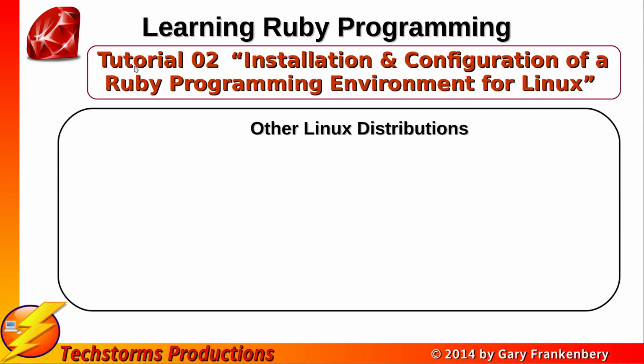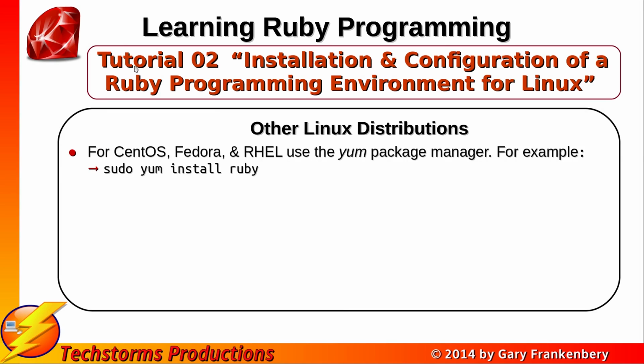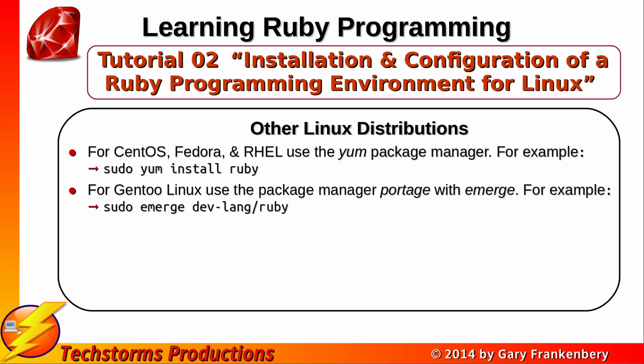For other Linux distributions, for example, CentOS, Fedora, and Red Hat Enterprise Linux, use the yum package manager. For example, sudo yum install ruby. Of course, don't forget to install Geany and Geany plugins as well. For Gentoo Linux, use the package manager Portage with the emerge command.